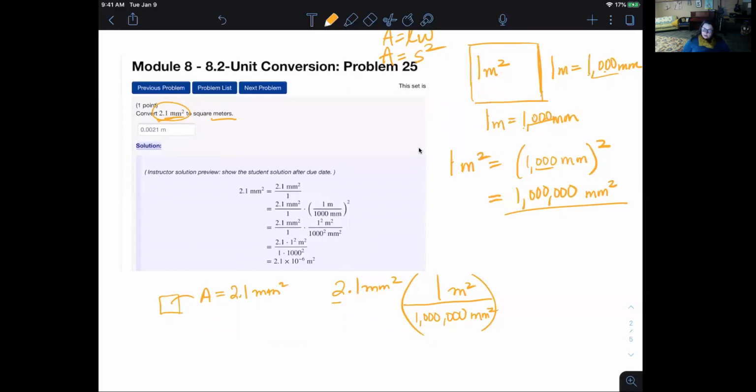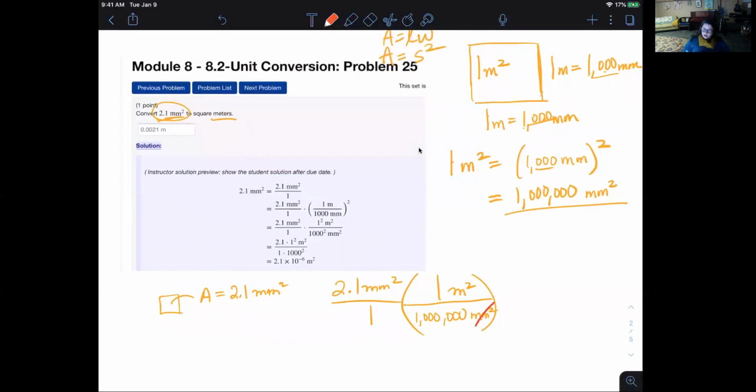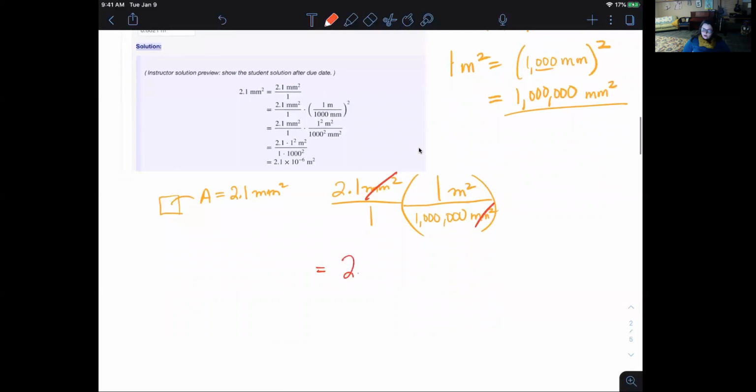And I put this over 1 as well. And that's why these units are going to cancel. And essentially what we have is 2.1 meters squared. Oops, I didn't multiply.